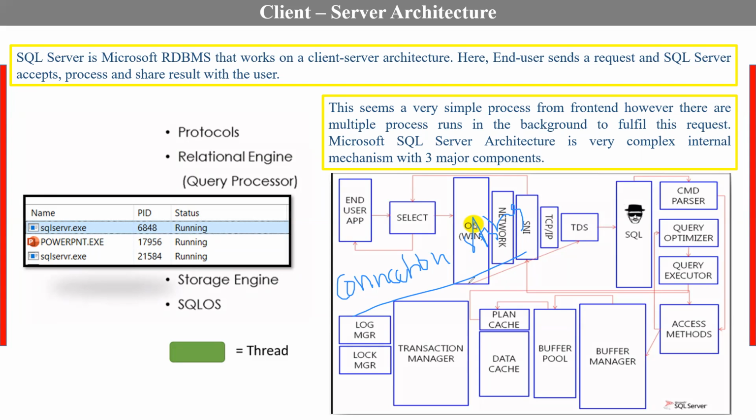I will show you how the connection string looks. Your application team will pass the server name, database name, port number, everything, and with that only it tries to connect to that particular server.